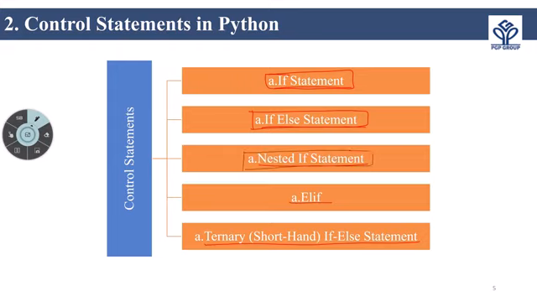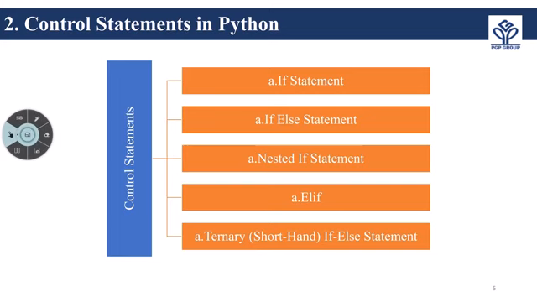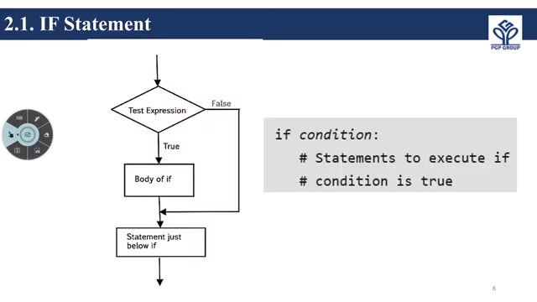Okay, see, first one, if statement. First, we already know how to create or draw a flow chart. What are the expressions we are using? In this flow chart, we already start the program, initialize whatever we need, and then we give some test expression.